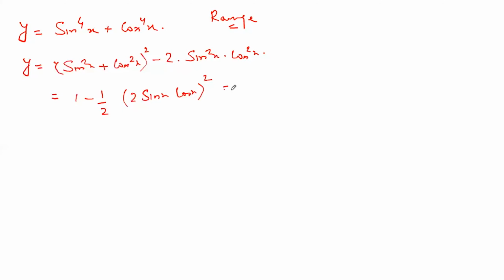This is the formula of sine 2x, so 1 minus 1 by 2 sine 2x the whole square. The angle 2x splits into 2 sine x into cos x. So sine 2x with square.